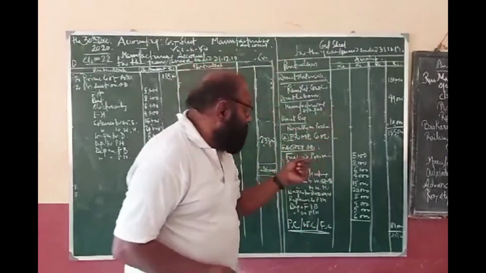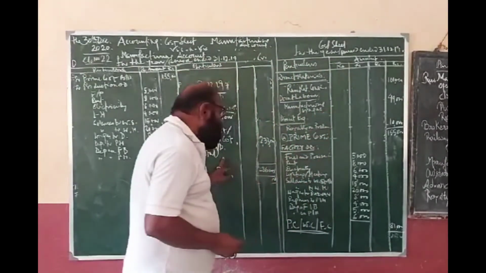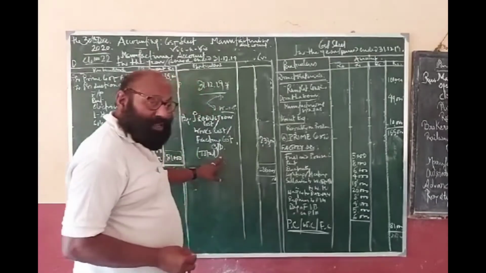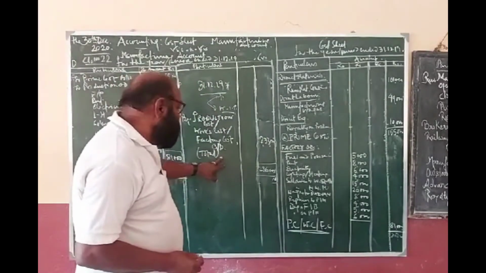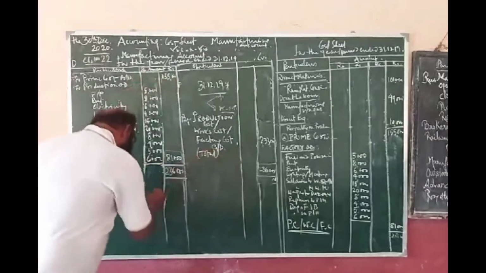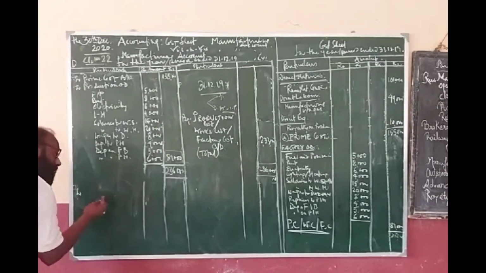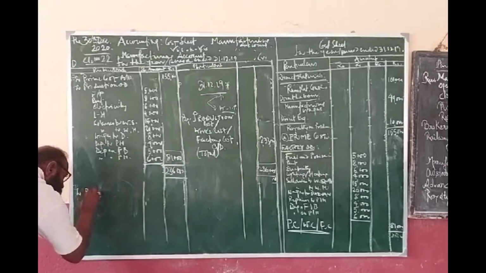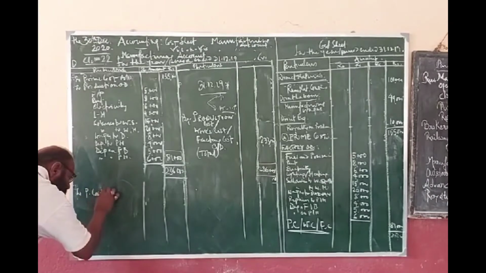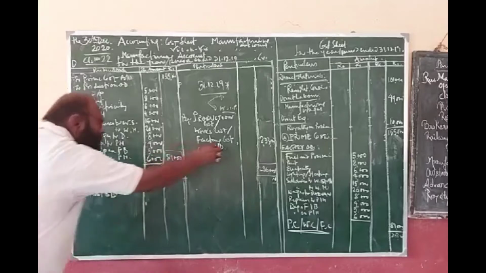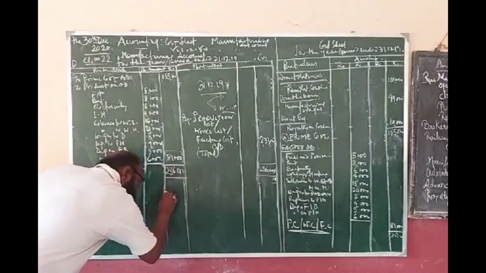In order to do that, we have to deduct the unfinished goods from here. So I am carrying it over here. Just see what I have done. I am writing production cost as 2,33,000.